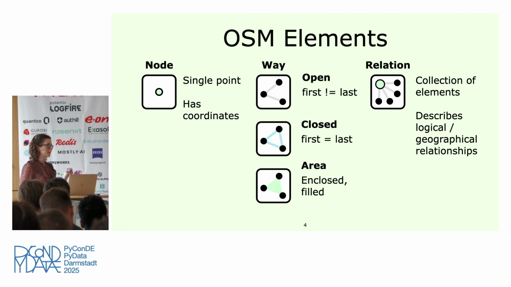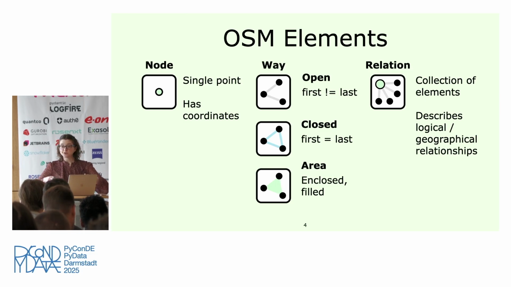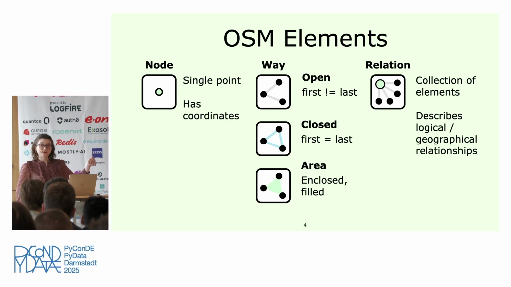Relations, like their name implies, describe logical and geographical relations among a collection of other elements, so among other nodes, ways, or relations. This is where neighborhoods get classified. So your neighborhood might belong to a district, that belongs to a city, that belongs to a state, a country, a continent, on the planet. You get the idea.